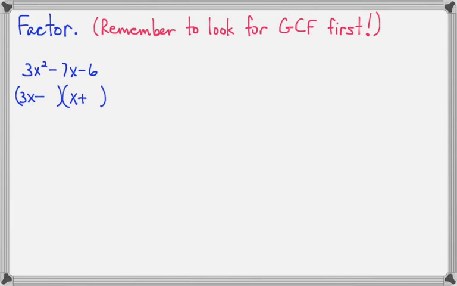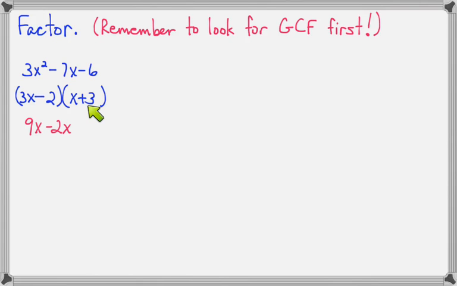So I'm going to think about what we learned about common factors, that I can't put common factors of 3 in the same parentheses with the 3. So let's try factors of 2 and 3. Of course, I know I can't put the 3 here, so I've arranged it this way. And now let's see if outer plus inner gives us what we wanted.